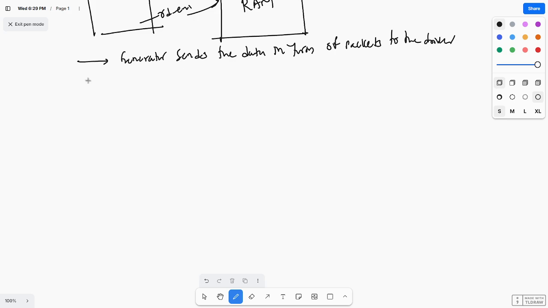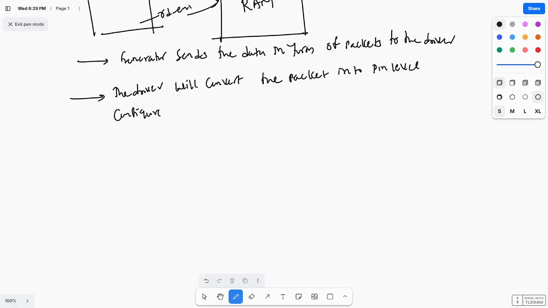The driver will convert the packet into pin level configuration to the design using the interface.